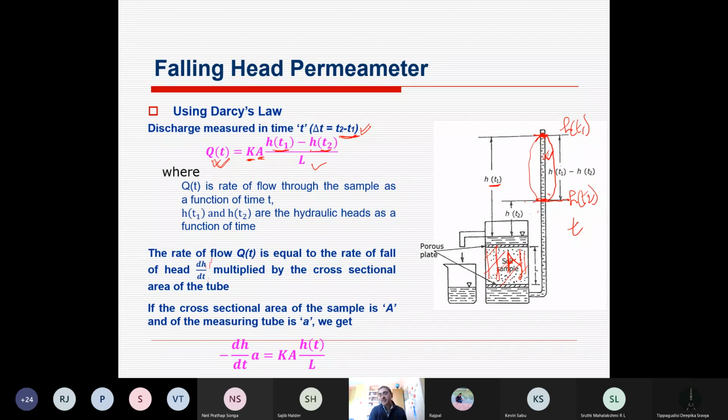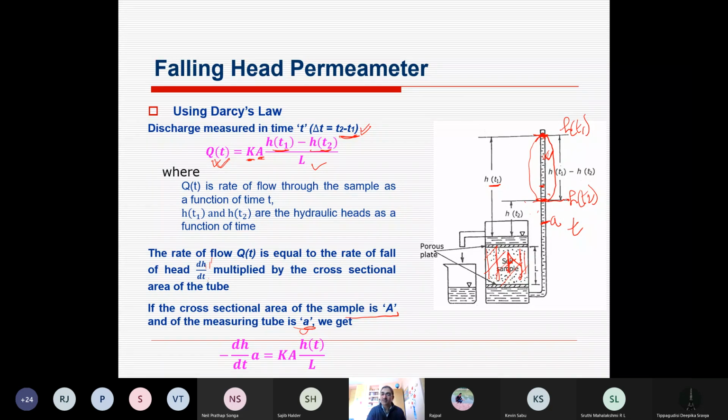The cross-sectional area of the sample is A, and the cross-sectional area of the supply tube is the smaller a.